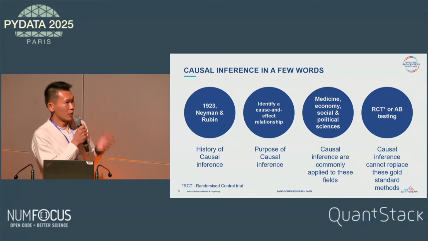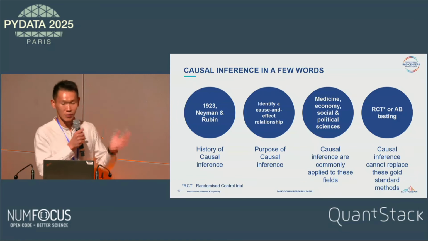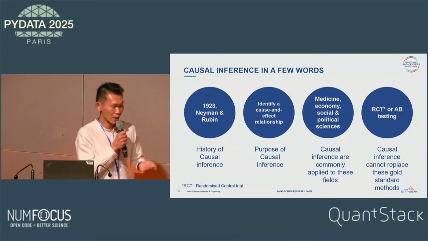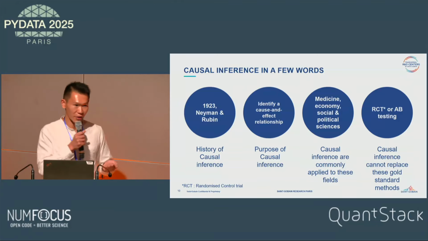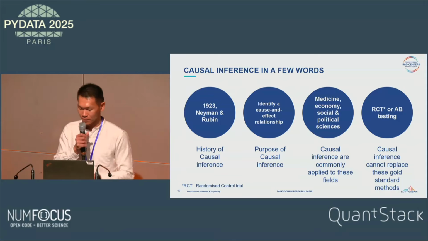But don't get me wrong, it is not a method to replace the gold standard methods like RCT, randomized control trial, or A/B testing. It is just an alternative in cases where you don't or can't actually conduct these gold standard methods.